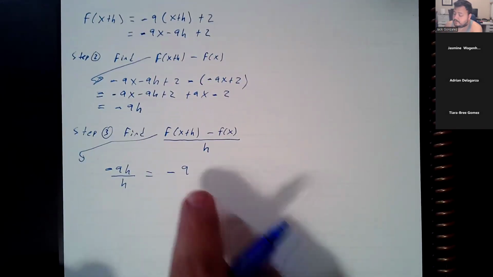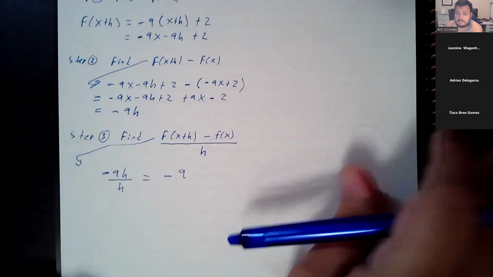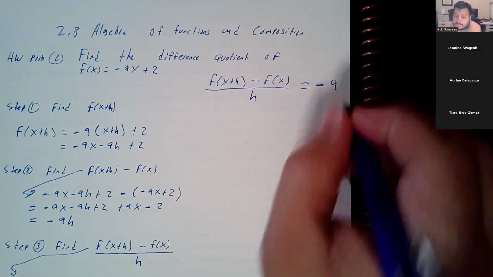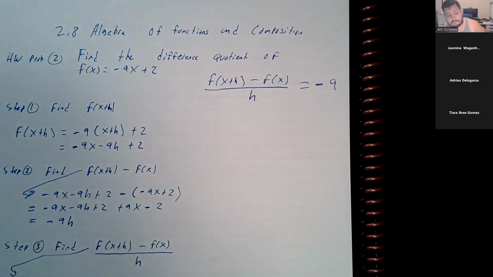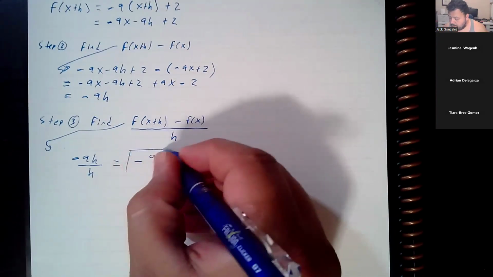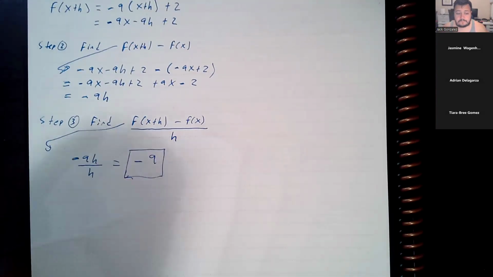Yeah, so this is the difference quotient. So what they wanted was this. Any questions on any of the steps?